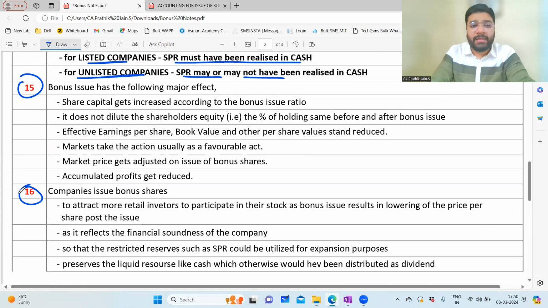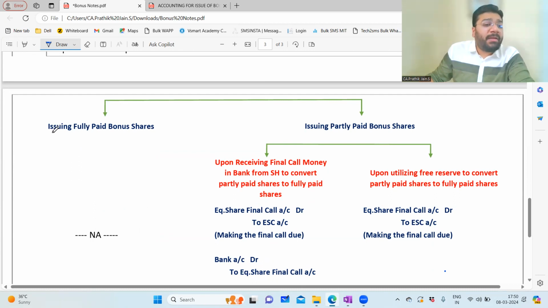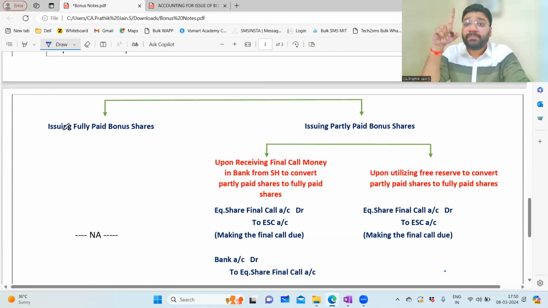Clear? Okay, now guys, there are three different types of question that you will come across in this particular chapter or unit. First is a scenario where the equity shares given in the question are automatically fully paid. We saw one illustration yesterday. In that, the question very clearly said that the existing shareholders to whom we are going to issue bonus, their old shares have been fully paid up.